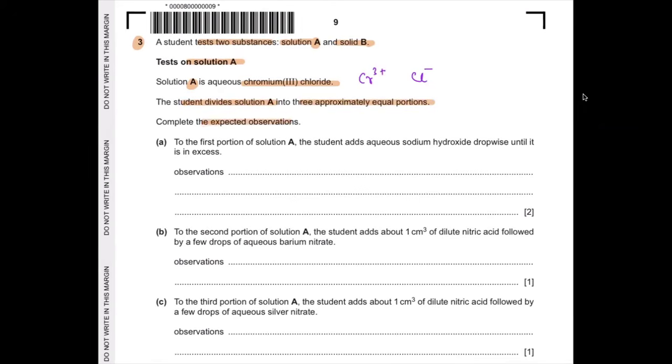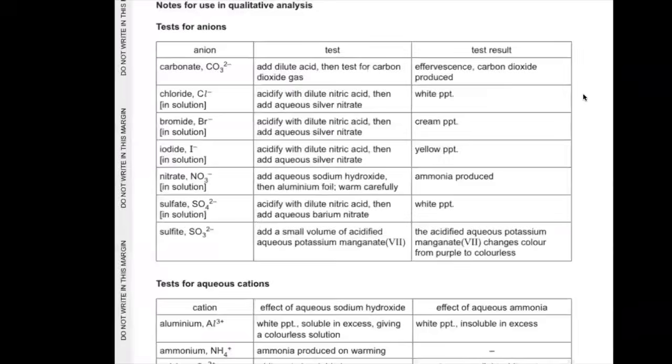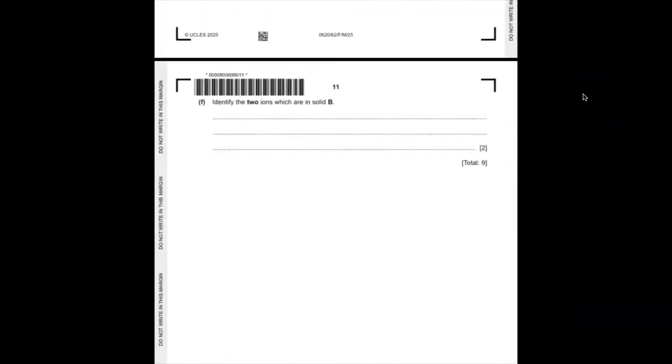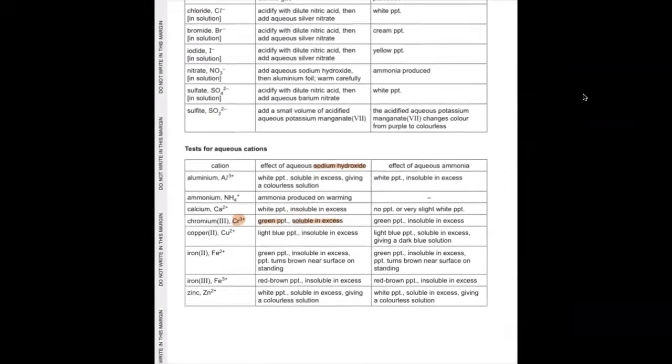Complete the expected observation. To the first portion of solution A, the student adds aqueous sodium hydroxide dropwise until it is in excess. So with the chromium(III) positive ions, where are the cations? Yes, chromium(III) positive ions, when sodium hydroxide is added, we will get green precipitates, and in excess it is soluble, which means it dissolves, right?